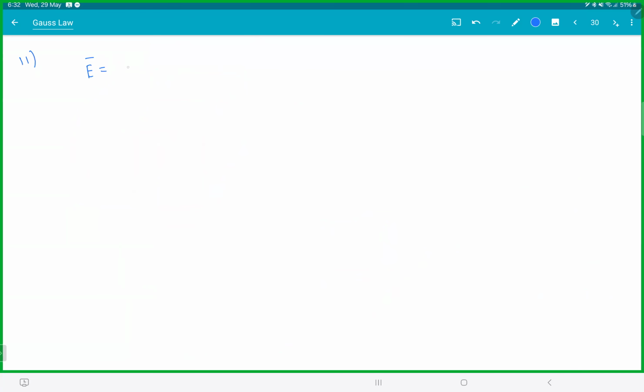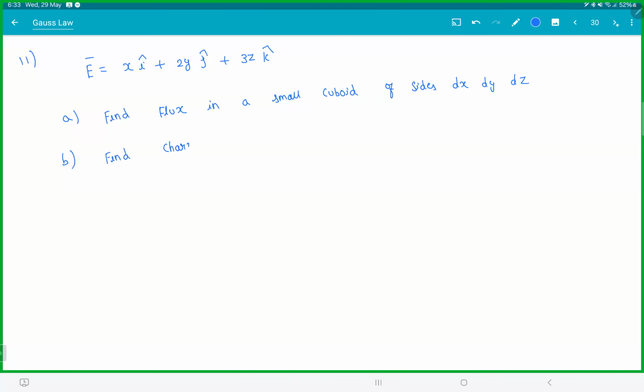The electric field in the region is given by x i cap plus 2y j cap plus 3z k cap. Find the flux in a small cuboid of sides dx, dy, dz, and find the charge enclosed by a sphere.